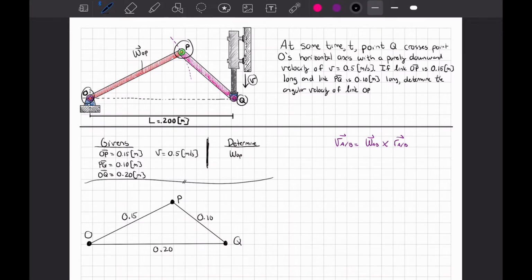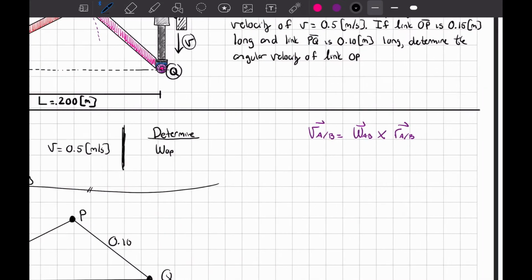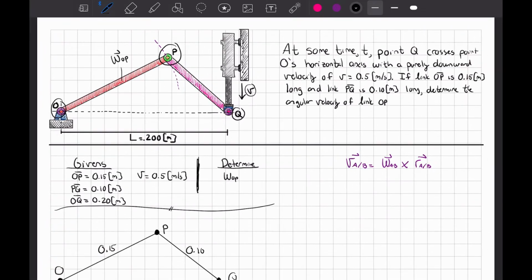And so that requires us to get some more geometrical data from our problem statement. But let me just set up the basic framework of what we're hoping to develop here. So given that purple equation, we see that we have point P, which is here, and it is related to point O and point Q because it's connected via the orange and pink link to both.